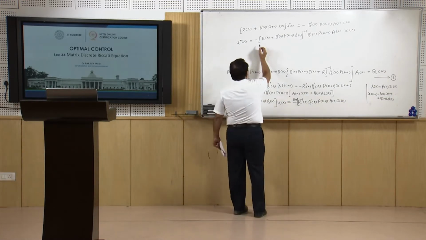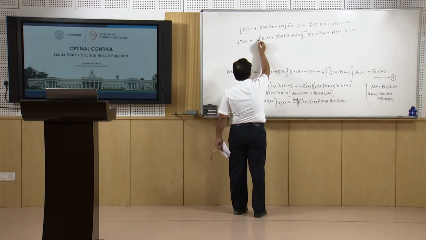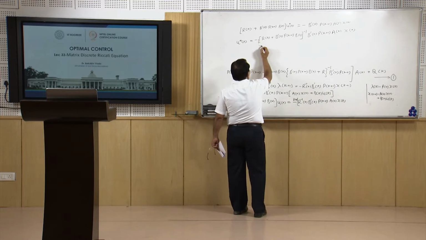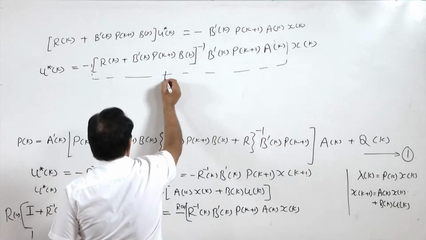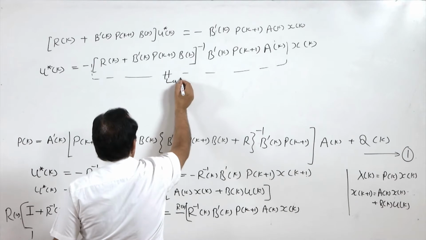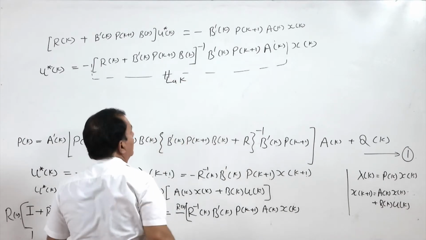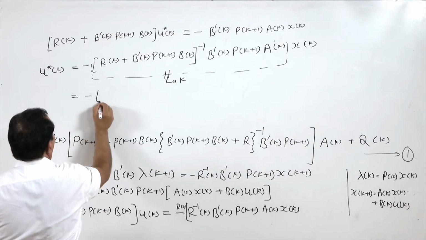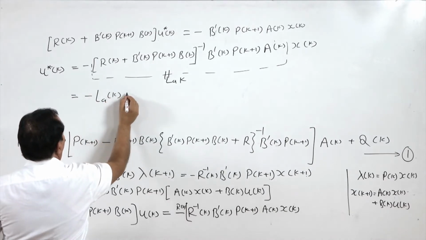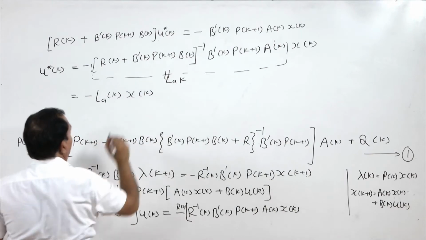Now this whole term I can represent as my L(k), and I can write this as nothing but minus L(k) x(k).